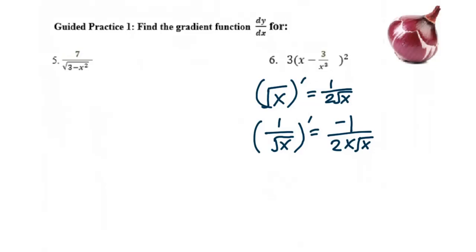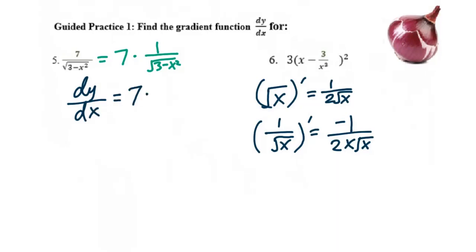Therefore, for number 5, you can think about this as 7 times 1 over square root of 3 minus x squared. So dy by dx equals, the coefficient is 7. This one you think about using this rule.